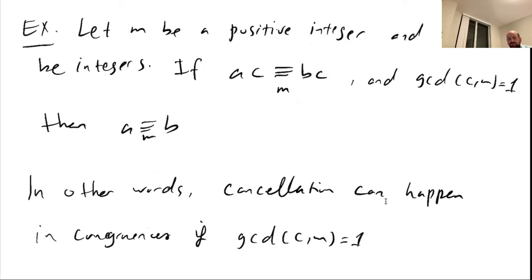If the GCD of the number that you want to cancel and the modulus is 1, if the modulus and the number you want to cancel are relatively prime, then you can do the cancellation. Otherwise, you're not allowed to do the cancellation.